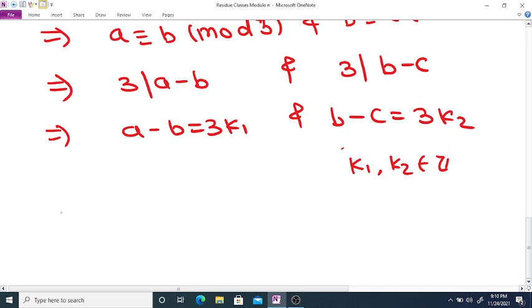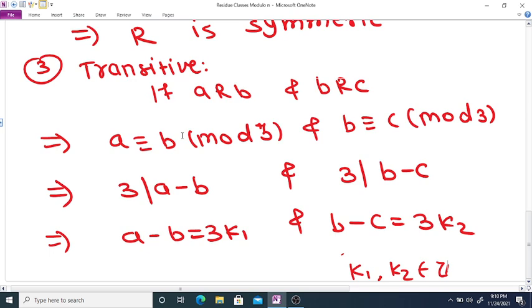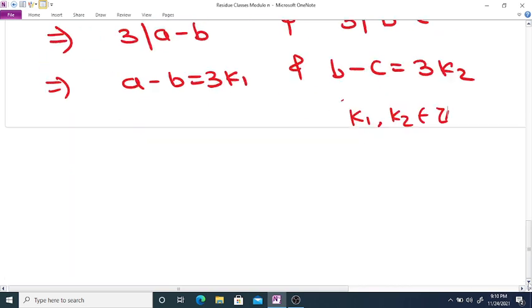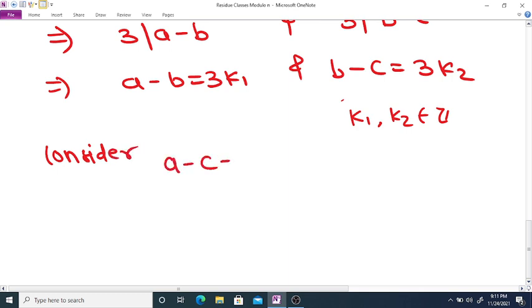Now we want to check whether a is related to c. So consider a minus c. A minus c can be written as a minus b plus b minus c; we add and subtract b.